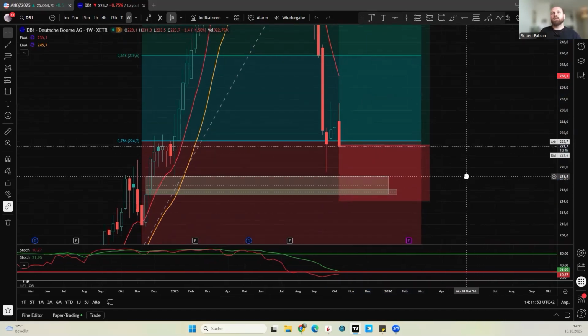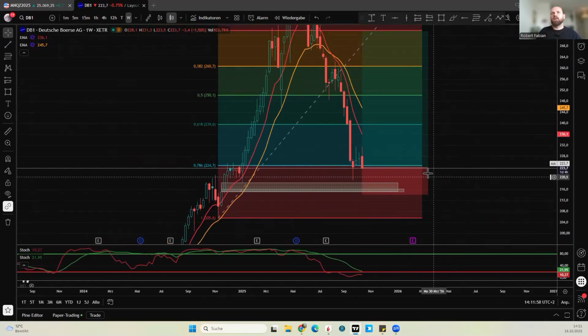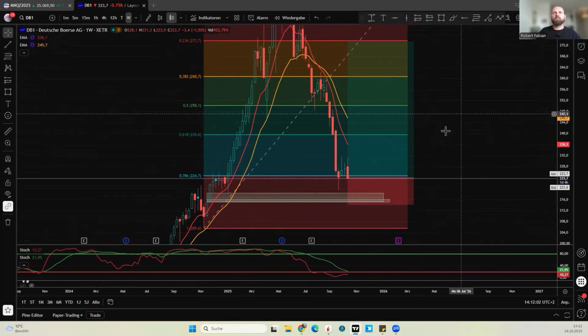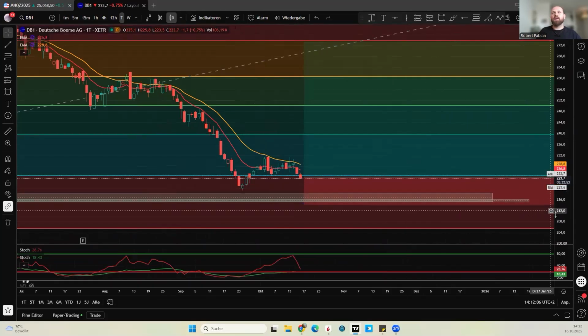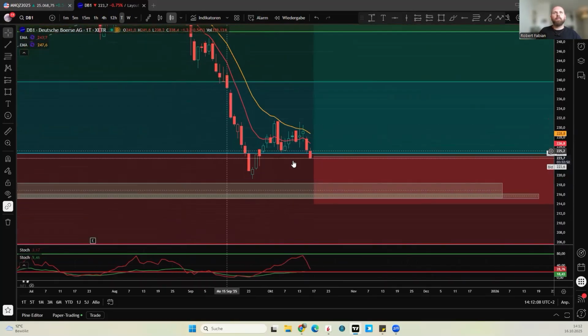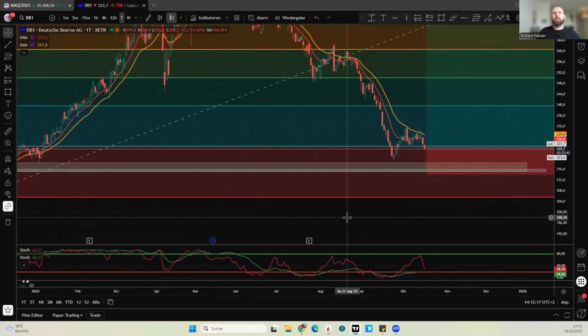It's 10 euros below the actual price right now. We are now at 223.7. I think what we can do is put a limit order later on, let's say at 223. So I think this will be my executing point.